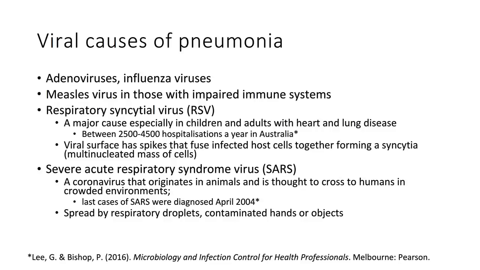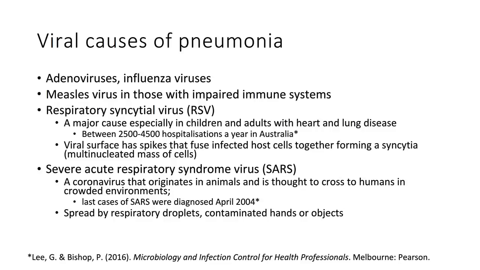Other viruses that are known to cause pneumonia are the influenza virus, adenoviruses, and one that came up in 2004 and that had the world rather worried was severe acute respiratory syndrome, and that's SARS. It's a coronavirus that originates in animals, and it's thought to cross to humans in crowded environments.